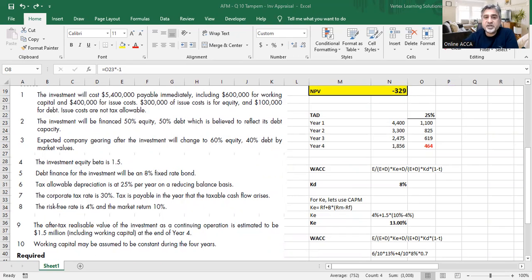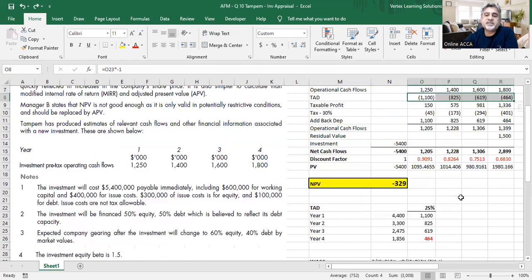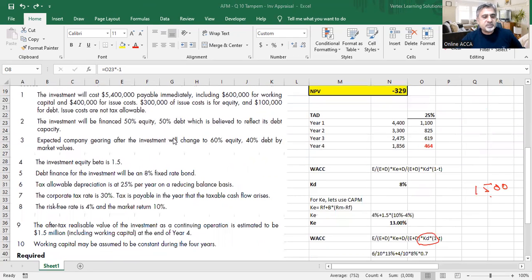So pay attention to this word, after-tax. Now, in usual circumstances, what should you do? Your asset has a book value of 464,000. You are getting 1.5 million, which includes the working capital, as question number 9 says.